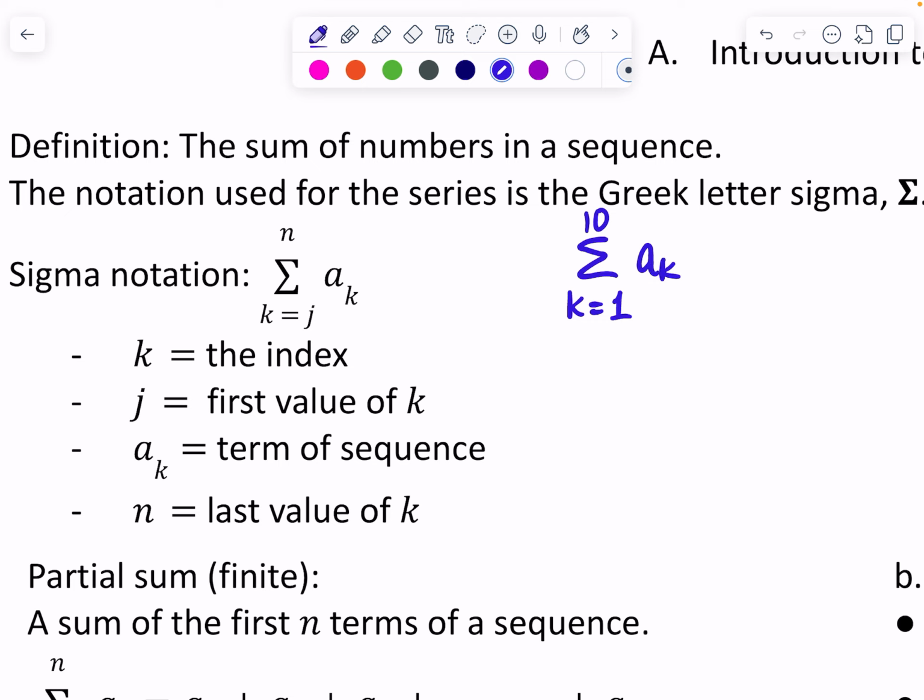So when k is 1, we automatically get a1. Then plus, since it's summation, we have a2, plus a3, plus a4, and we continue up until a10, just because this one mentioned the first 10 terms. And that's what this means. We could also have this going to infinity, which means just keep adding the numbers of the sequence until infinity. That's some of the basic notation.